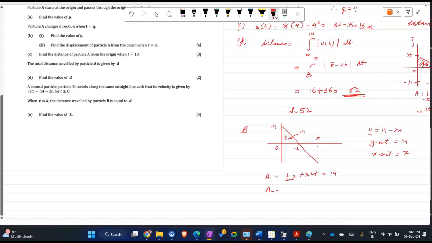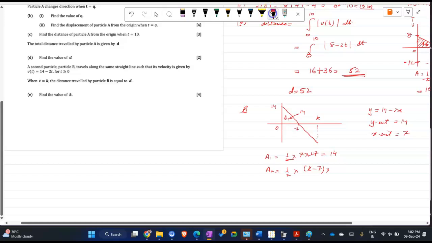Now the area of the second triangle would be half into base, which will be k minus 7, into height. Now this is very important: the height would be your v of k, which will be 14 minus 2k. So this would be 14 minus 2k.